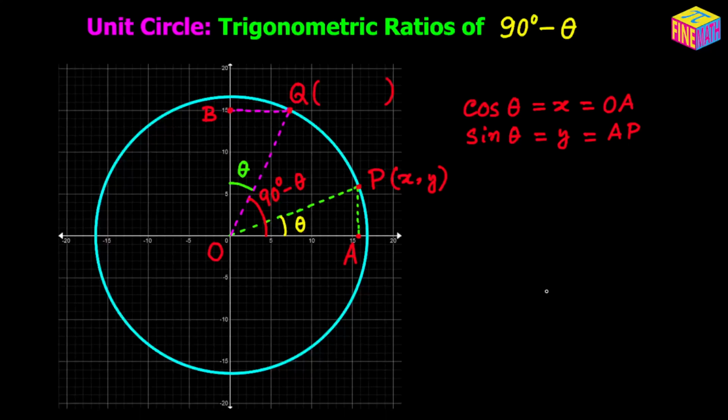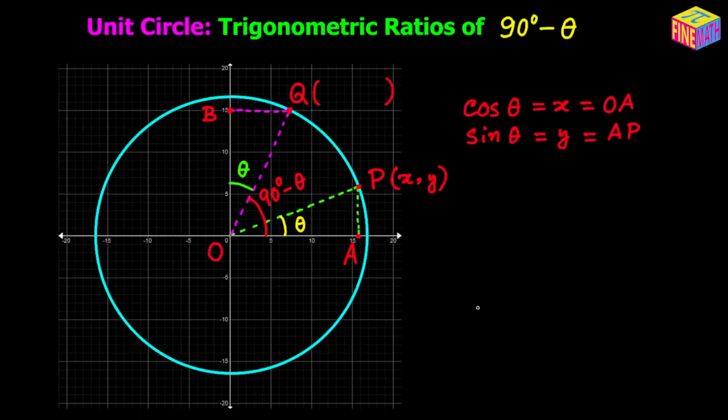So the x coordinate of Q will be equal to cosine of 90 degree minus theta and y coordinate of Q will be sine of 90 degree minus theta. So our task here is to find out the x coordinate and y coordinate of Q which will represent the cosine of 90 degree minus theta and sine of 90 degree minus theta, right?